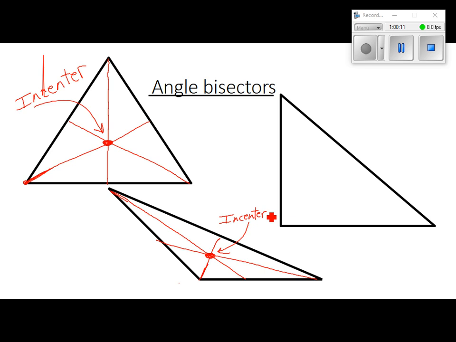If it helps you, like it would help me with my drawing, mark the angles. We know those 2 angles are congruent. We know these 2 angles are congruent. We know these 2 angles are congruent.